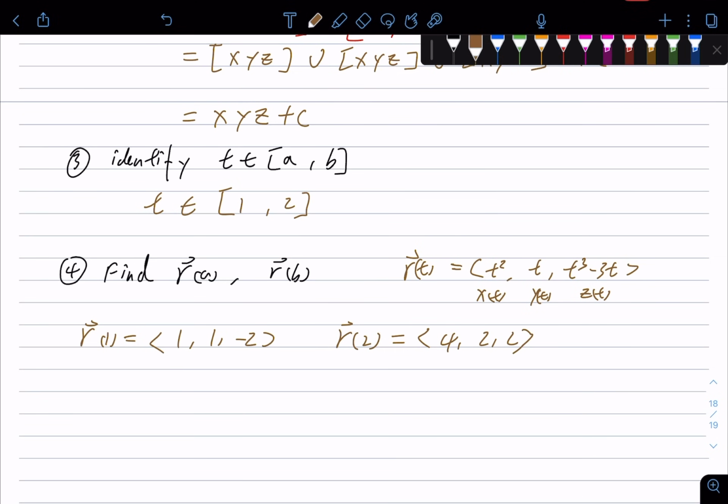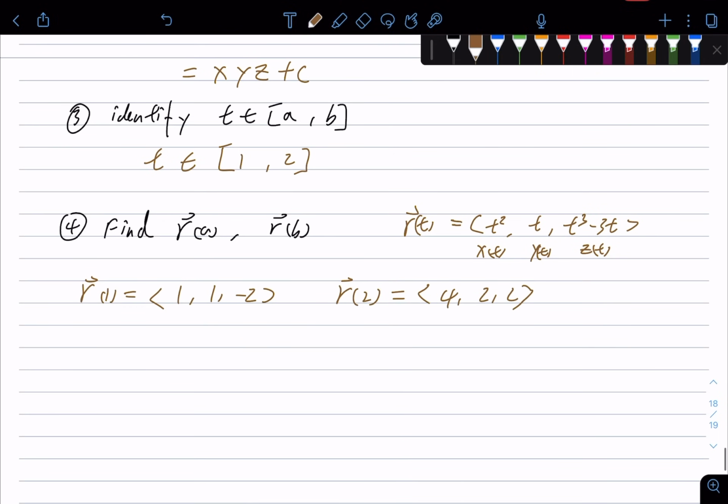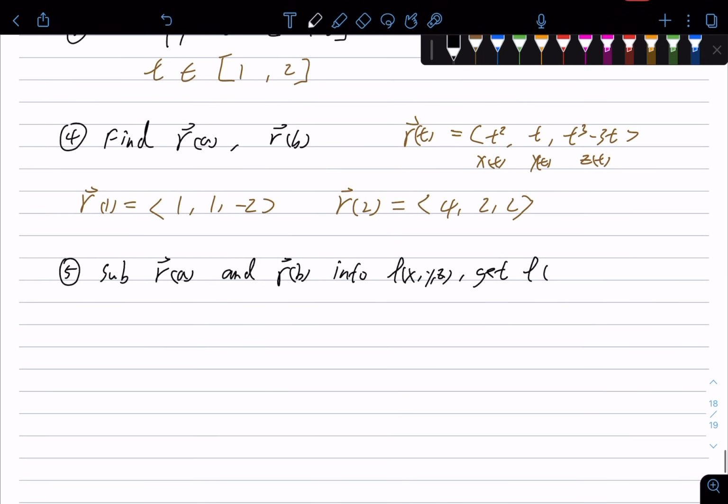So finally, we're going to do one more step before the final step. We substitute r(a) and r(b) into psi of x, y, z, to get psi of r(a) and psi of r(b).